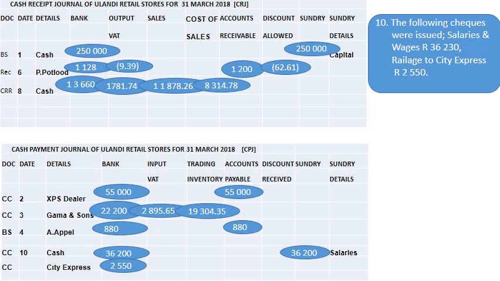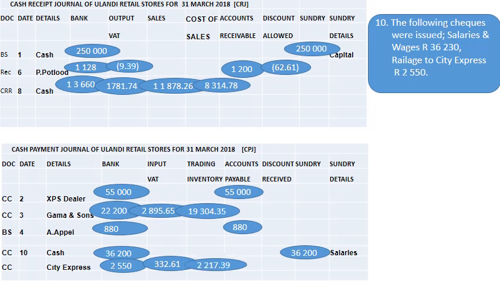Relage is a vatable item. Therefore, we will calculate VAT by multiplying by 15, dividing by 115 to arrive at an input VAT of 332 rand 61 cents.